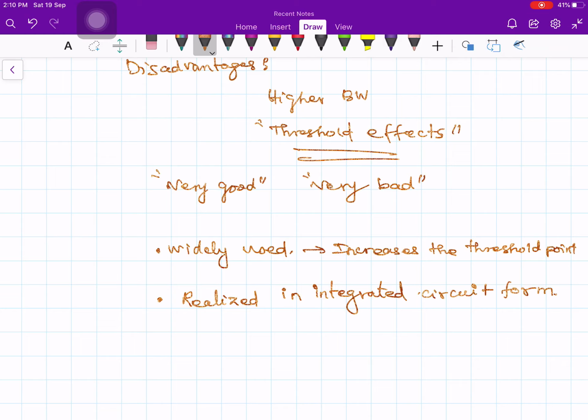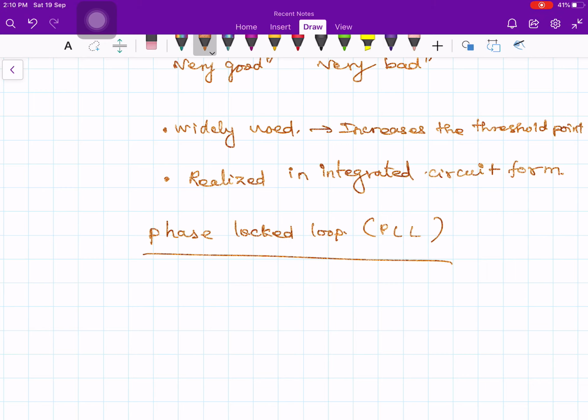So we are going to discuss the use of PLL for FM demodulation. But mind you, PLL is a very important component, and it has many applications. So the PLL is not only used in FM demodulation circuits, it is used in some other applications also.